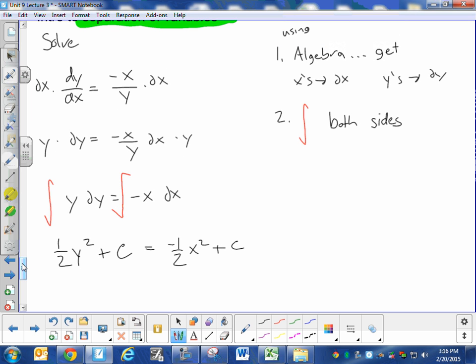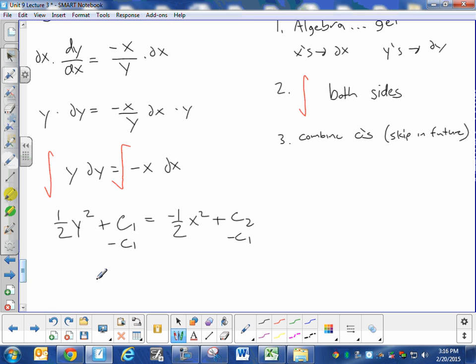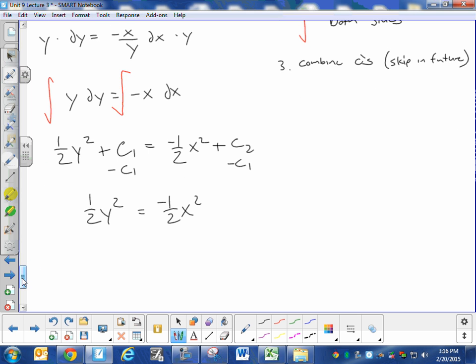Well, the third step is a step that you will skip in the future, and that's to combine our C's onto one side. How do we combine our C's? Well, this is the first constant, this is the second constant. If I wanted to combine them, I could subtract the first constant from the second constant, so that I just have 1/2 y squared is equal to negative 1/2 x squared plus, what would be C2 minus C1?